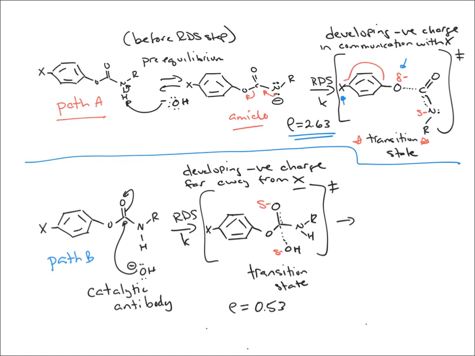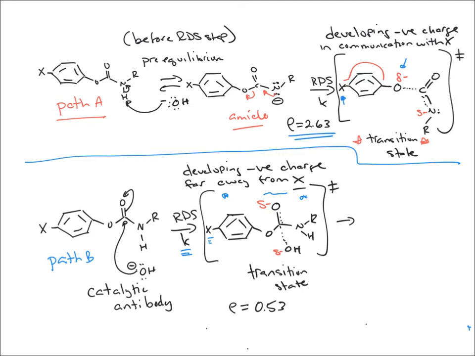And so another mechanism that you could envision is, in this case, the rate determining step is the first step of the reaction. And this is consistent with the transition state structure that's shown here, where we still have a developing negative charge, but now it's on the oxygen of the tetrahedral intermediate, and so it is no longer in direct communication with the substituents.